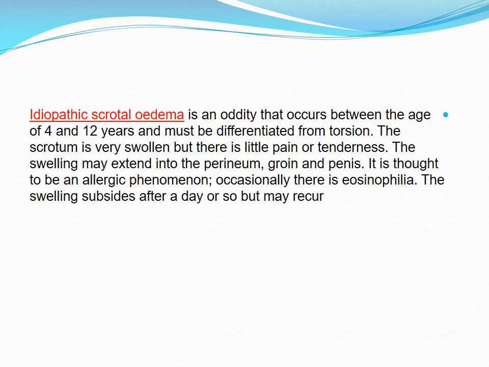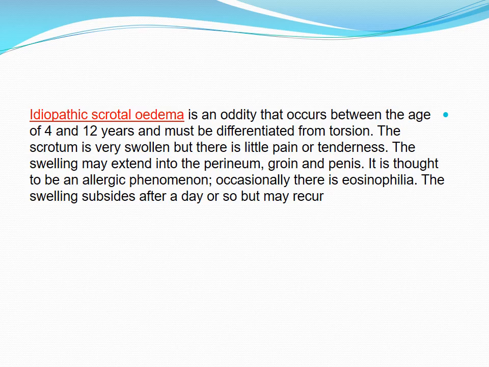Another condition we find in young boys, about 4 to 20 years old, most likely in the summer season, should be differentiated from testicular torsion. In this condition the patient presents with a very swollen and red scrotum, but there is little pain or tenderness.